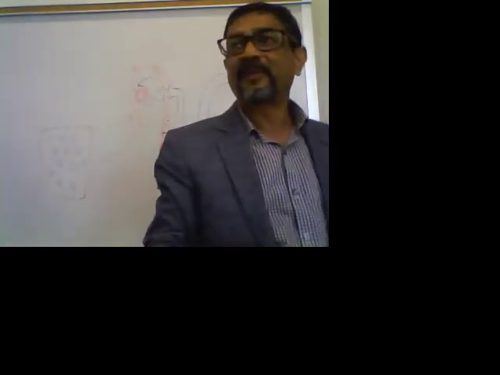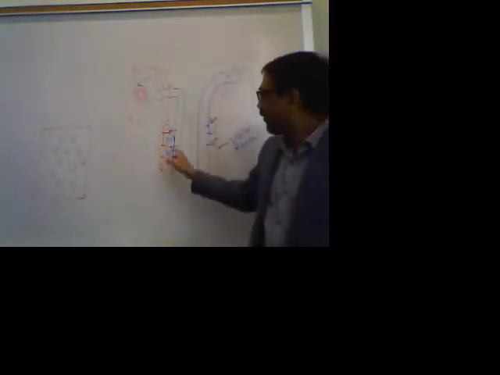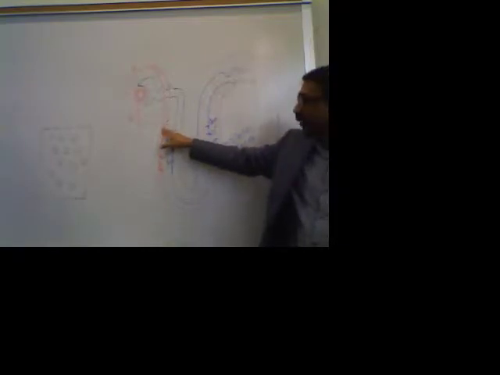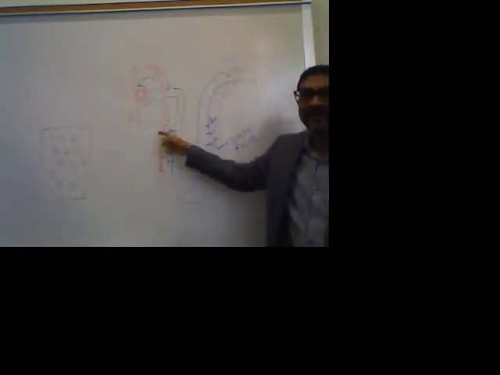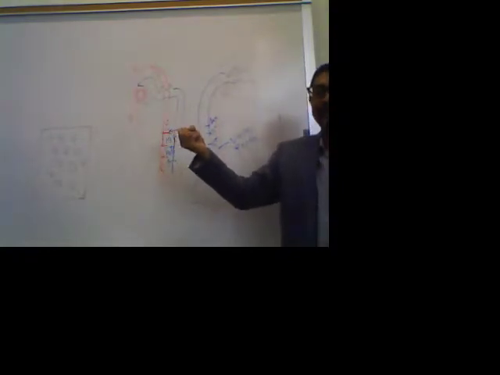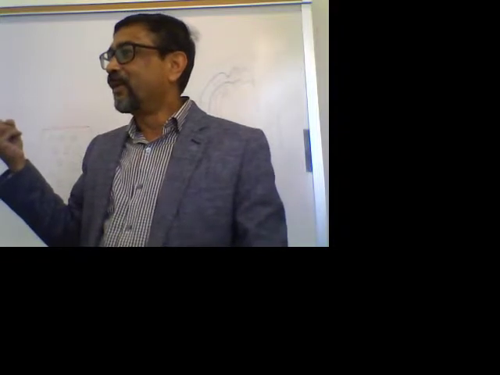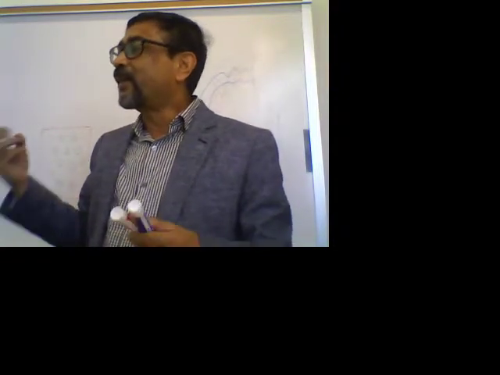Is it clear? So water is getting out from the descending limb, reabsorption, right? But cannot accumulate there. Why? Because the blood is taking it inside. The Vasa Recta is continuously taking it in. Make sense? Otherwise, what will happen?